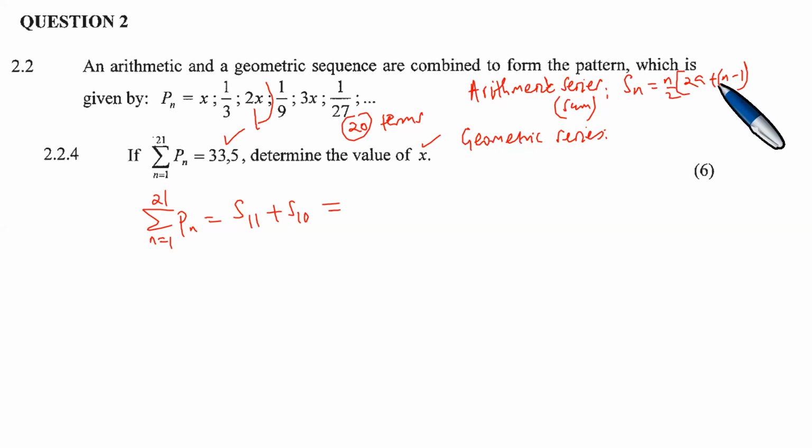Okay, continue. So you have this one, and then you have this one, which is Sn is a into 1 minus r to the power n.